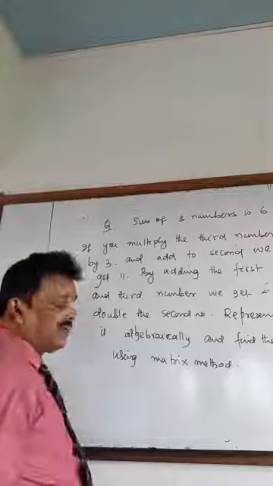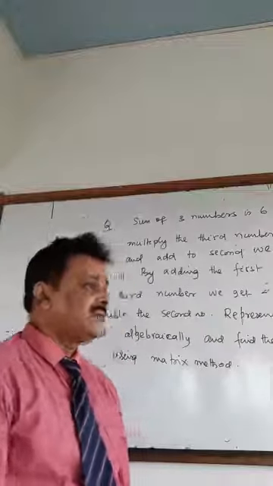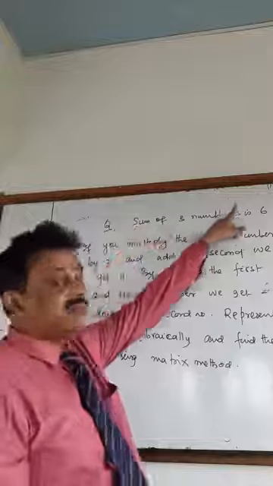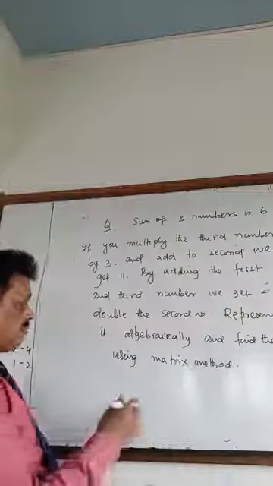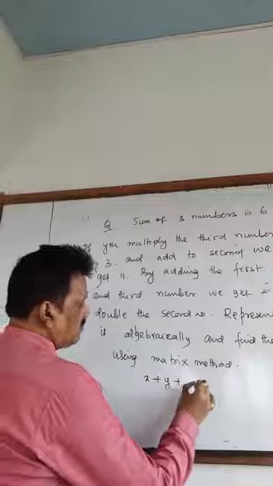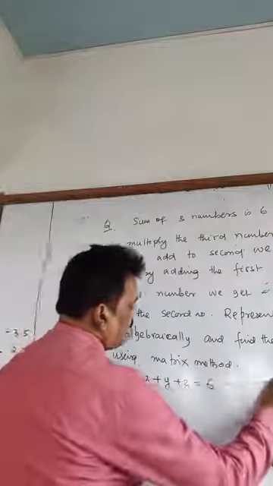I think it is not that difficult. You can see here. It is not difficult. Sum of three numbers is 6. That means your x plus y plus z equals to 6. You got the first equation.